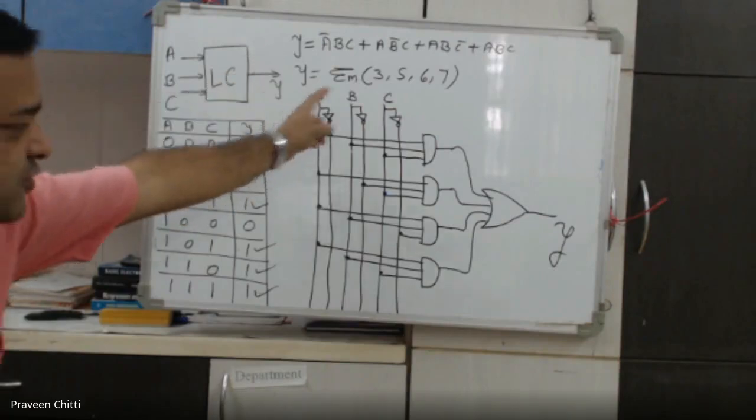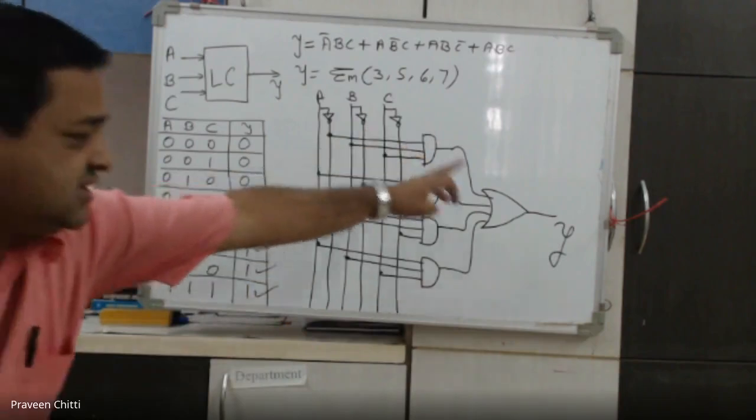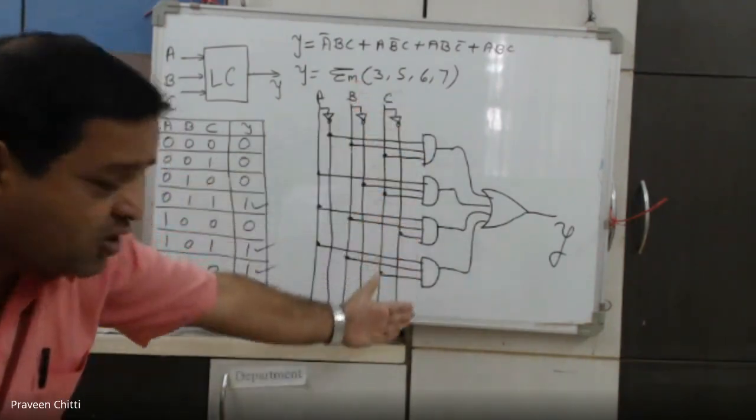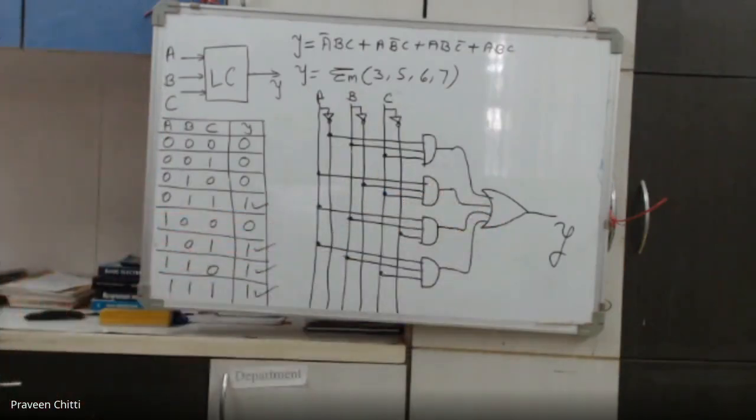We represented that in hardware using AND gates and an OR gate, because for an SOP equation the structure remains the same: a series of AND gates whose outputs are given to an OR gate to get the hardware implementation of the SOP expression.